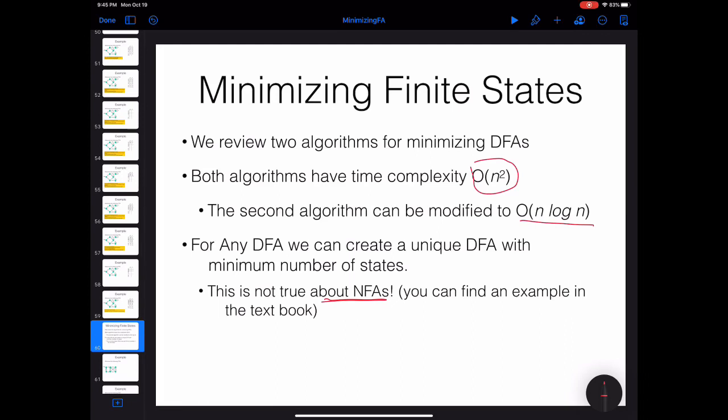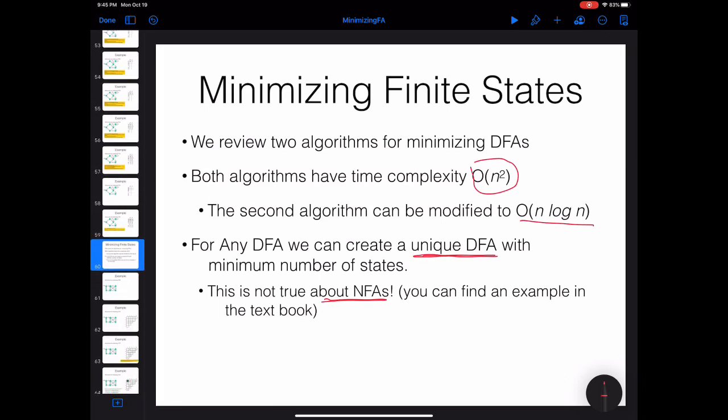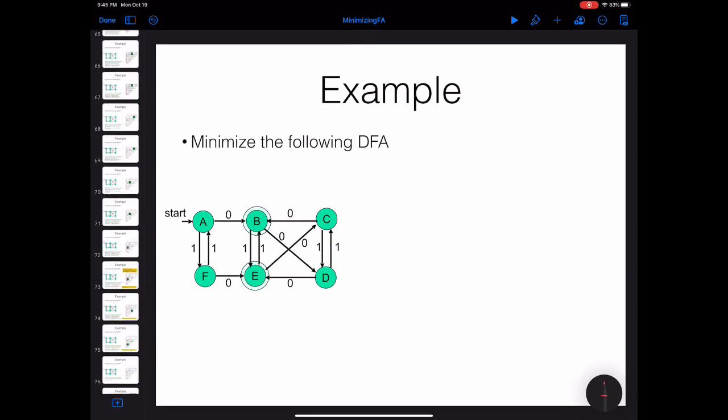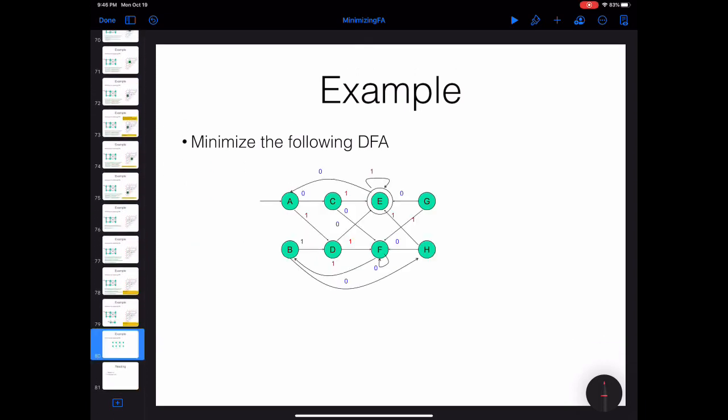So this is just the property of the DFA, that the minimum number of states will give a unique DFA. For you, I have added two other examples. For one of them I've shown the full steps, and the other one just keep it as an exercise.